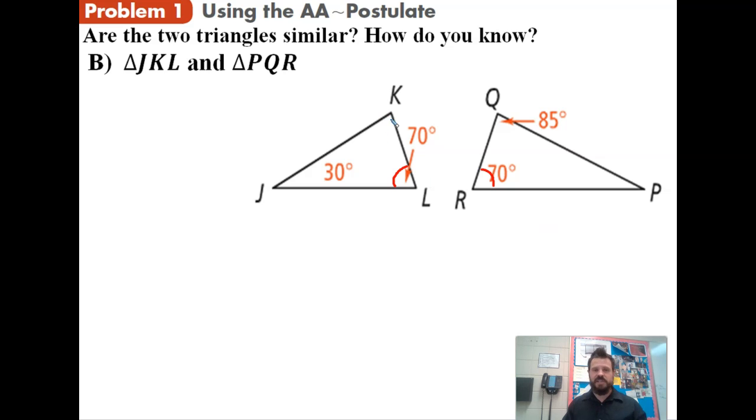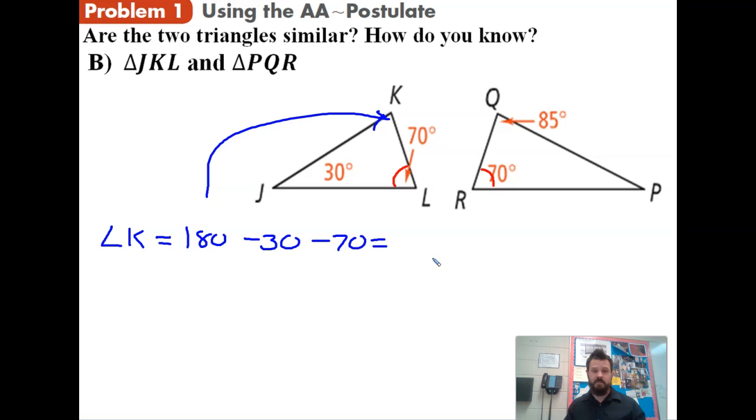So what I can do with this one is figure out what those missing angles are. For angle K, since I know my other two angles, I can say it's equal to 180 minus 30 minus 70, the two angles I know.